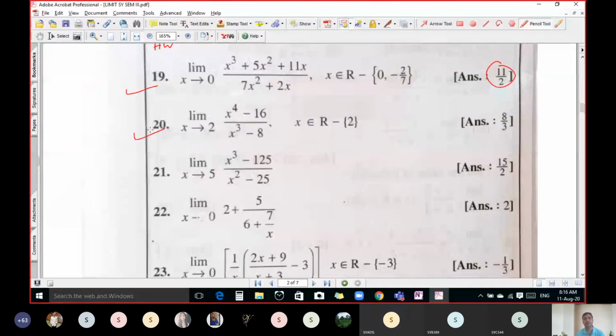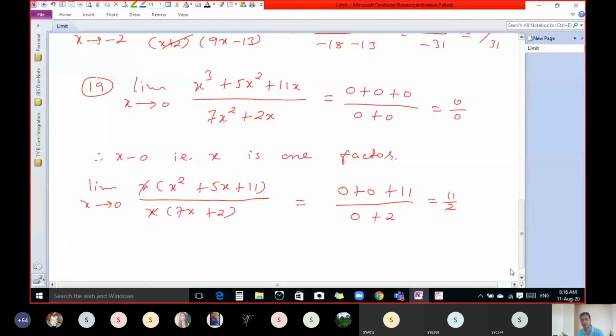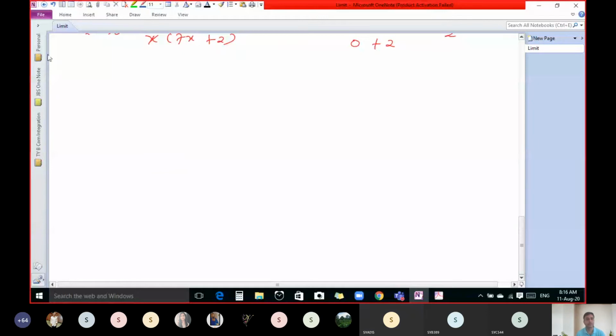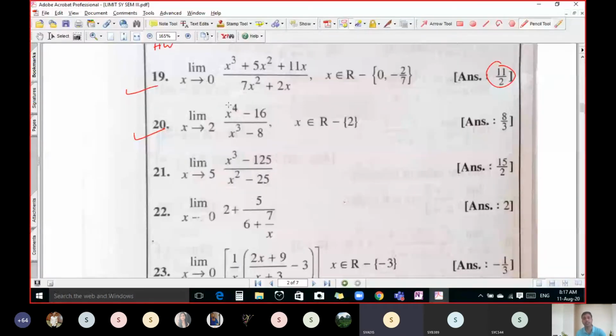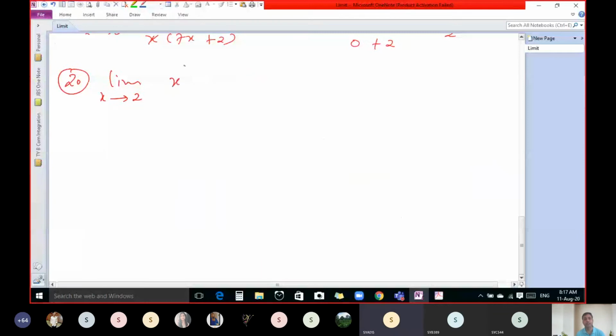Let us do question number 20. Limit x tends to 2, x raised to 4 minus 16 upon x cube minus 8.